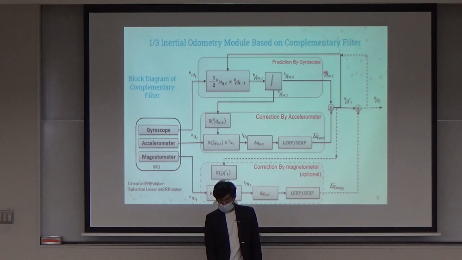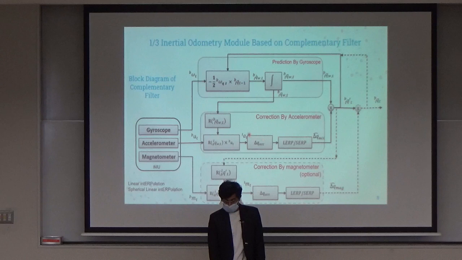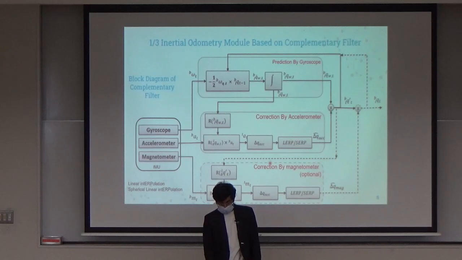To correct or minimize these errors, we use the accelerometer, do some signal processing on the accelerometer data, get a rotation angle from the accelerometer information, and use it as a corrector for the prediction made by the gyroscope. In the same way, we also use the magnetometer to correct the rotation angle.